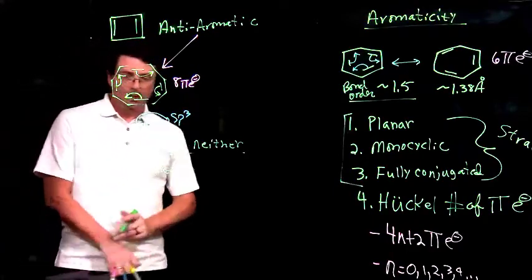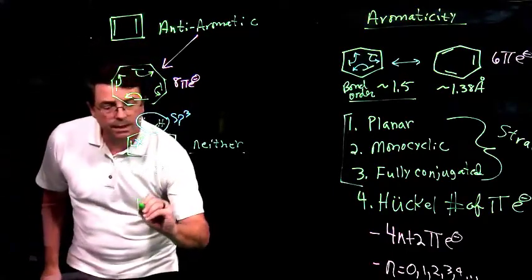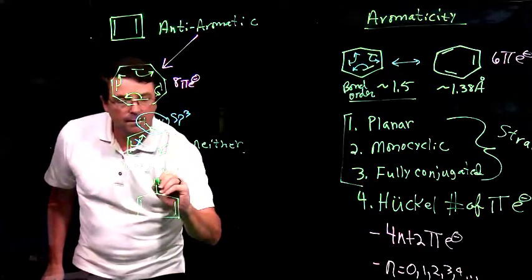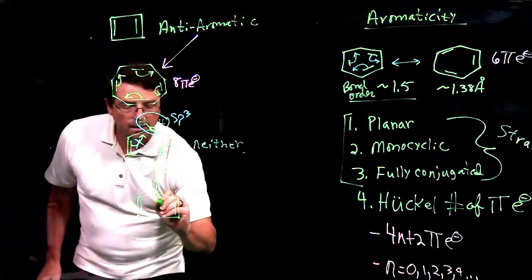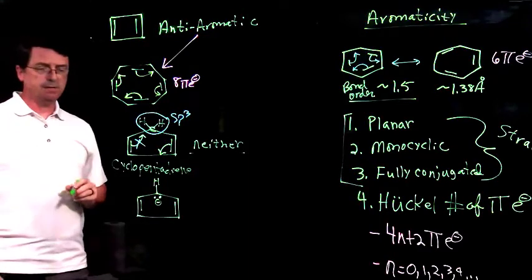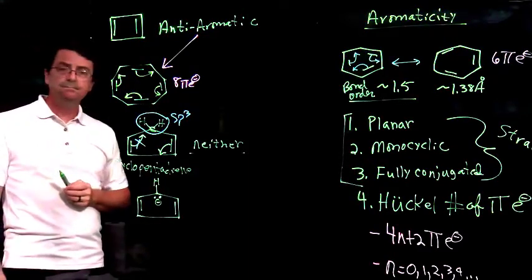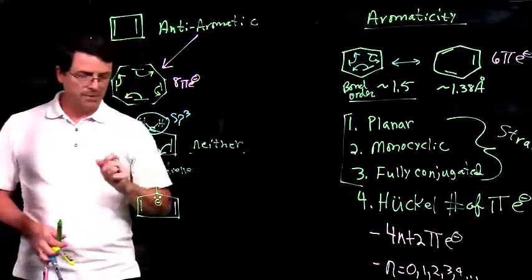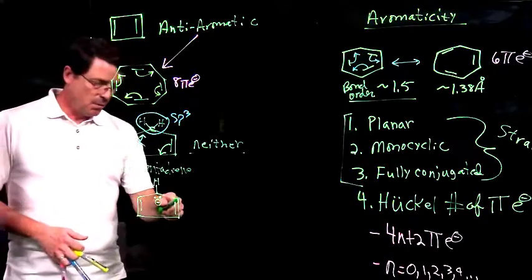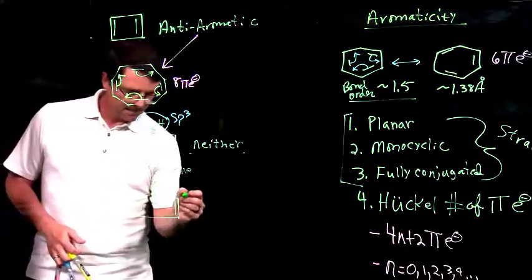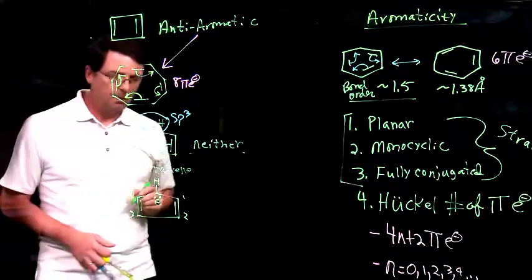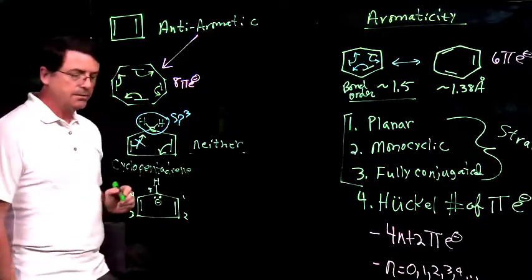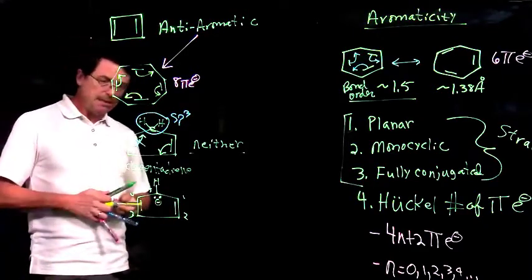Now, let's consider if we deprotonate cyclopentadiene. If we deprotonate cyclopentadiene, we have the cyclopentadienyl anion. If we consider this, 1, 2, 3, 4, 5 atoms, of course these 4 are sp2. But what about atom 5? Well, of course, conjugation imparts stability.